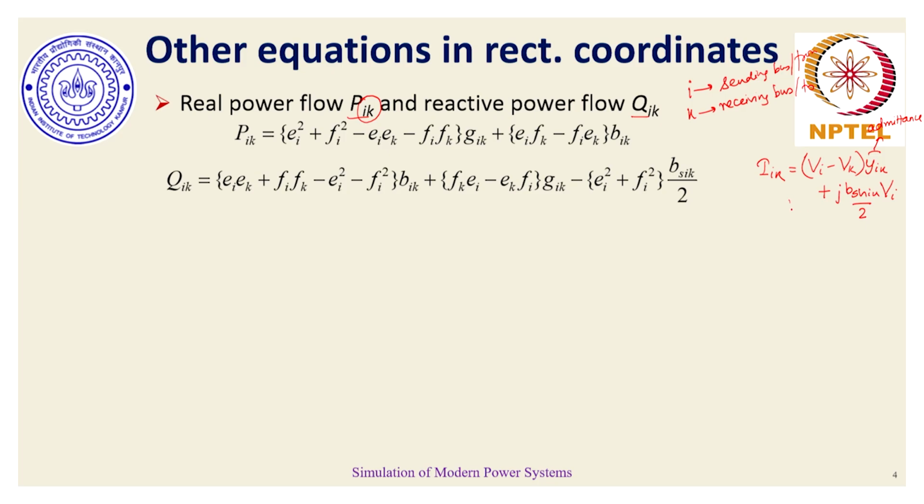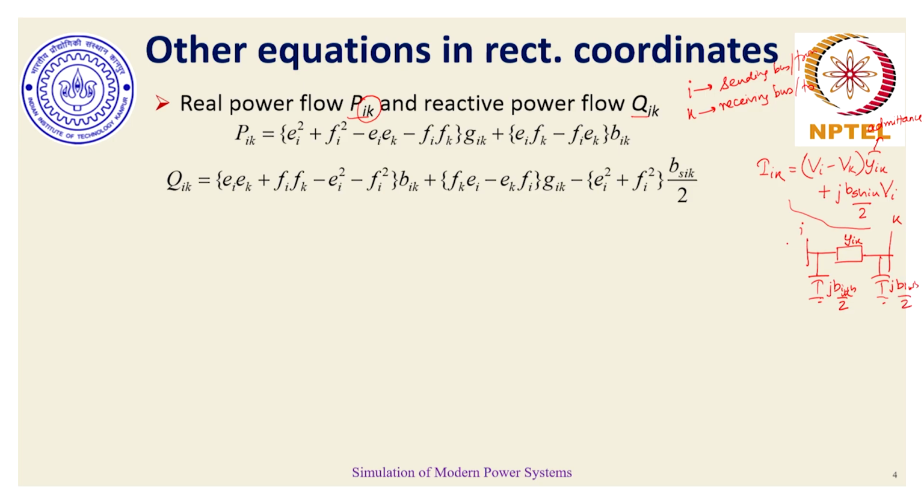Now, how do I get this current expression? The diagram of the nominal pi model would make it very clear. If I am representing my nominal pi model as a lumped representation, which is true for steady state analysis, then the series admittance is yik, which is the inverse of the series impedance, and in the pi model we will also have half line charging susceptance on both ends of the line, so Bik sh by 2.